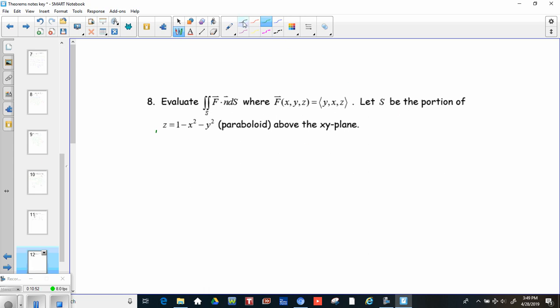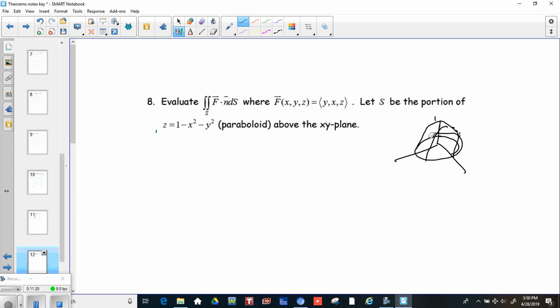So if we sketch what that one looks like, and you do need to know these sketches for the AACC exam, you're talking about a paraboloid which is above the xy plane. It's got a z-intercept up here at 1.